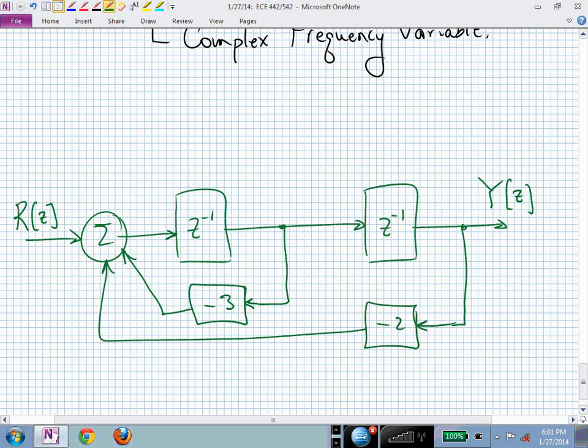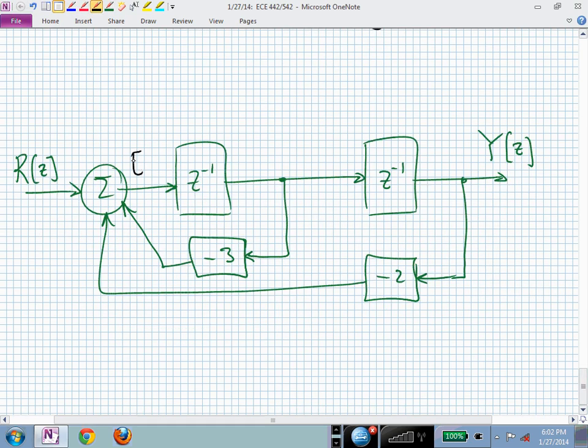Now, just to connect this with what you're doing, or maybe you've already finished it, so you should feel comfortable with this if you've already done your homework, let's call this an error signal. And if you're doing block diagram manipulation, sometimes it's easier, or maybe a little more straightforward, to always work with outputs of summing junctions and write all of your other signals in terms of those expressions.